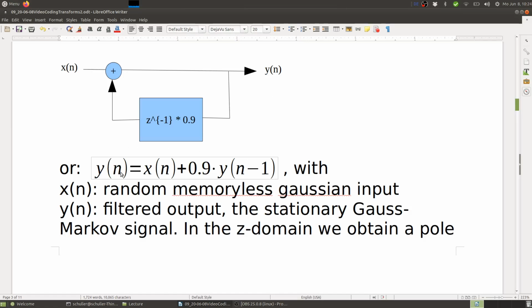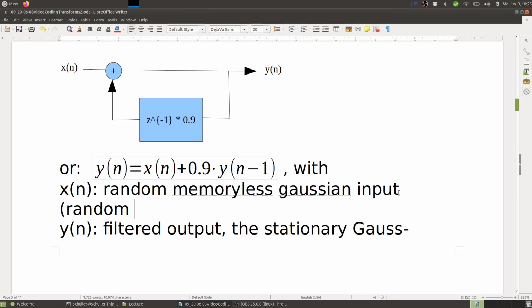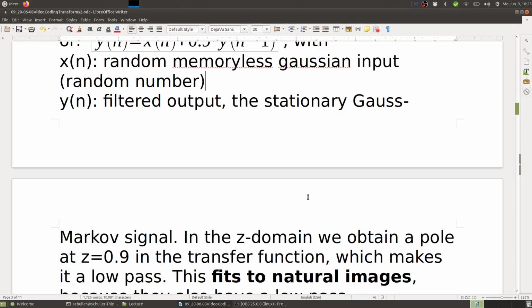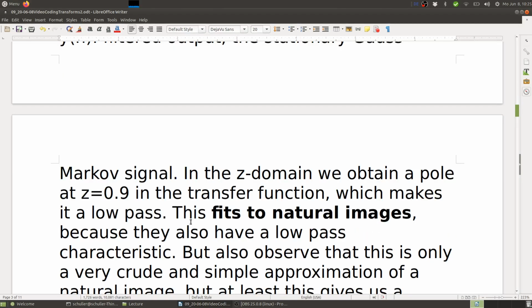So here we have a nice mathematical model. X is some random memoryless Gaussian input, so a random number, and Y is the filtered output, the stationary Gauss-Markov signal.